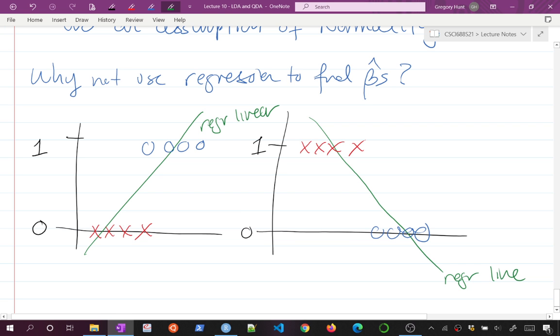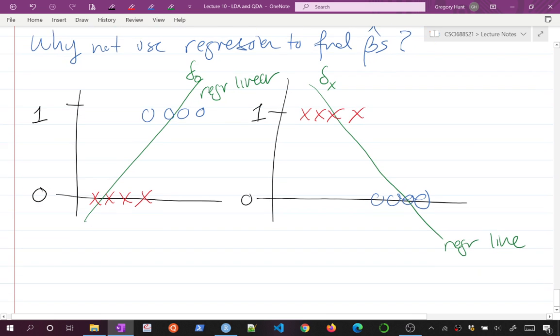And what if I call the one where I'm predicting my circles the discriminant function of my circle class, and the one where I'm predicting the x's are 1s, I'm going to call that the discriminant function for my x class, right? And it will be some intercept plus slope times x, and similar here. That is a valid approach.